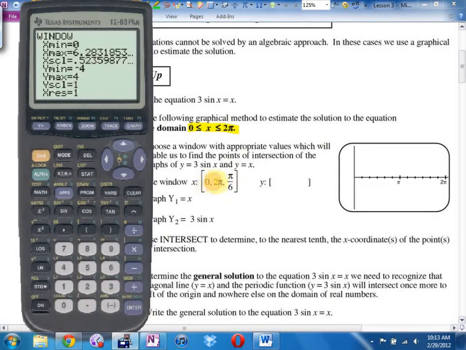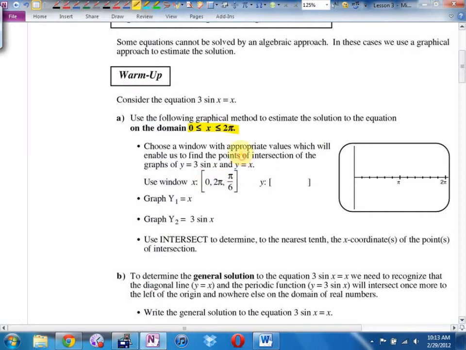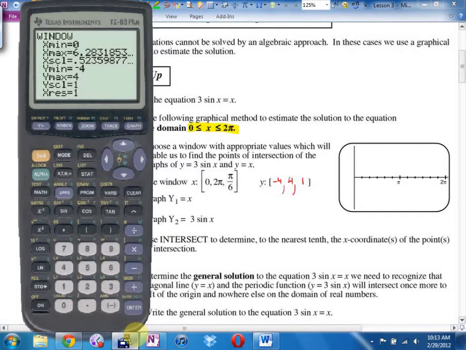So I told you to go from 0 to 2 pi, pi by 6. It always goes minimum, maximum, scale. How would I write my y? Based on this, I think I would write this. Minimum, maximum, and the y scale I think we picked was 1, yes? Just in case they ever ask you to write a window. I won't, but who knows. And hit graph.